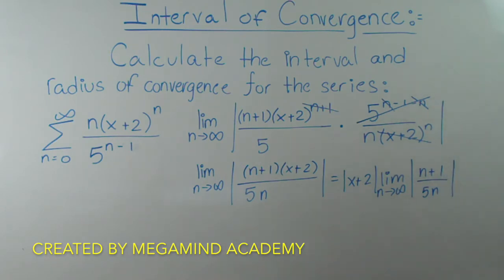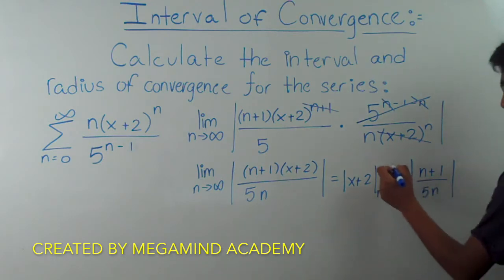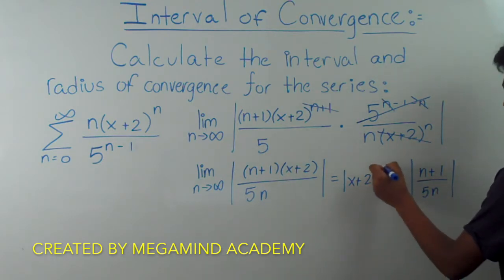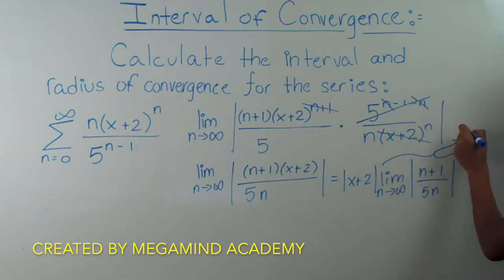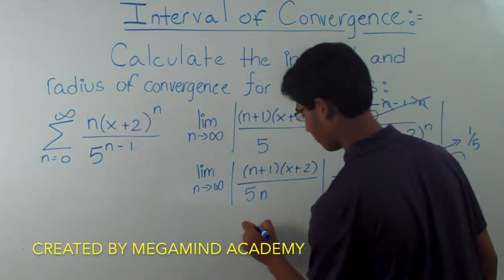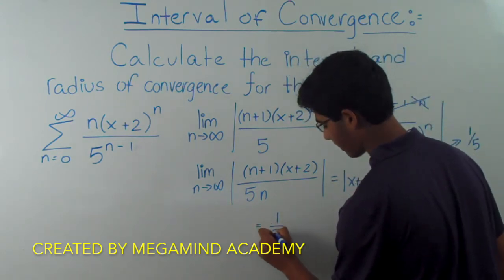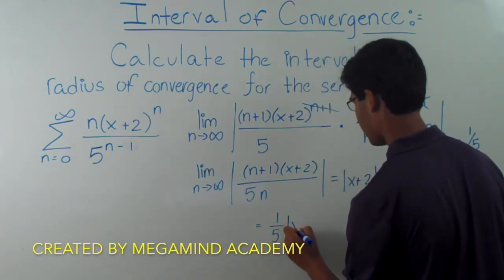So, what would this limit be equal to? We know this is a rational function, and so as n approaches infinity, it gets closer to 1/5. Or we could have used L'Hopital's rule to figure that out too. So this limit is equal to 1/5. So this is equal to 1/5 times the absolute value of x plus 2.